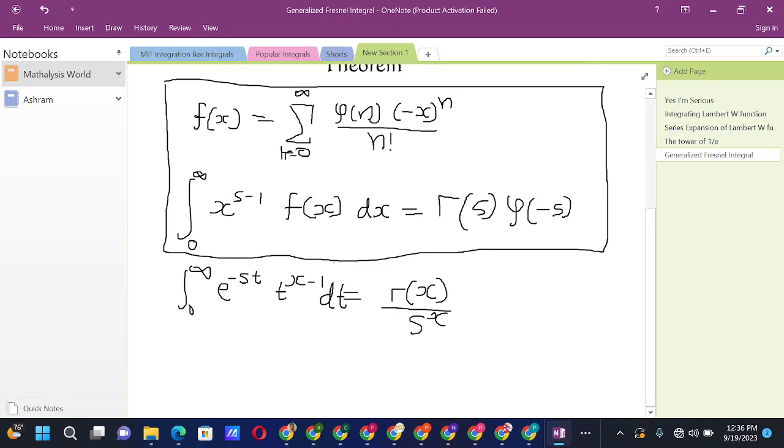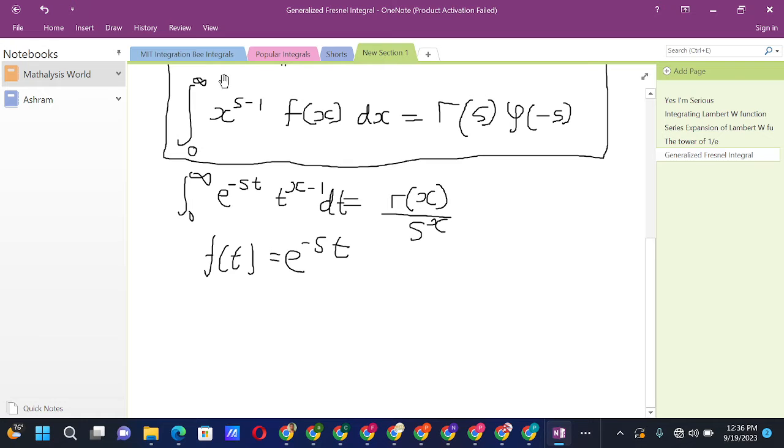So over here we have f of t as e to the power minus st, with t to the power x minus 1 dt. From Ramanujan's master theorem, this integral from 0 to infinity of t to the power x minus 1 e to the power minus st dt should be gamma of x times phi of minus x.